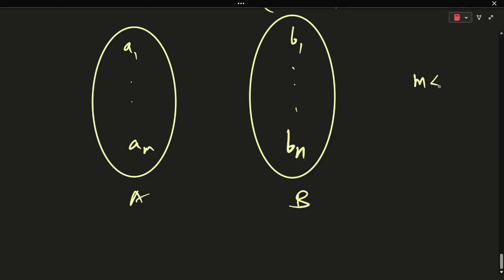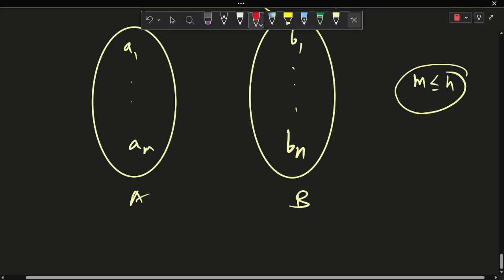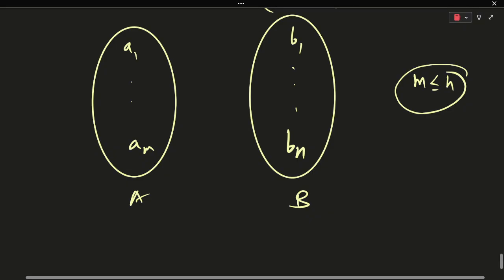Here the restricting condition is this; then a one-one function exists. At first it is a function, so all points have an image, a unique image. And this being one-one means that A is in B, B has a copy of A.